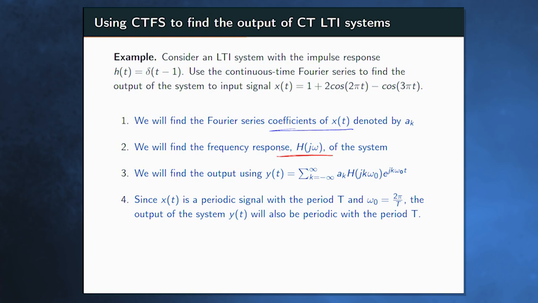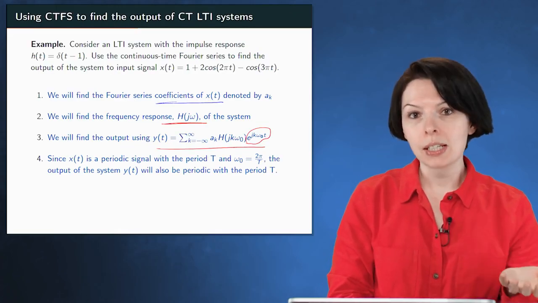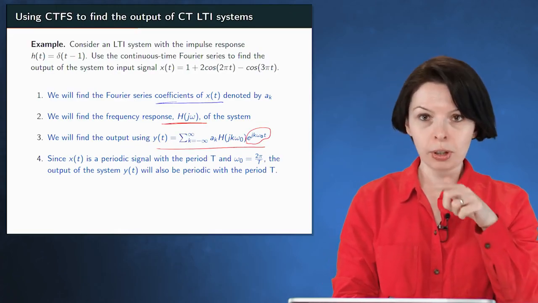Step 3, we will find the output using this expression, because I know for every e to the j k omega naught t applied to the system, the output is going to be the scaled version of that one, and I know I can write x of t as a linear combination of these e to the j k omega naught t terms.